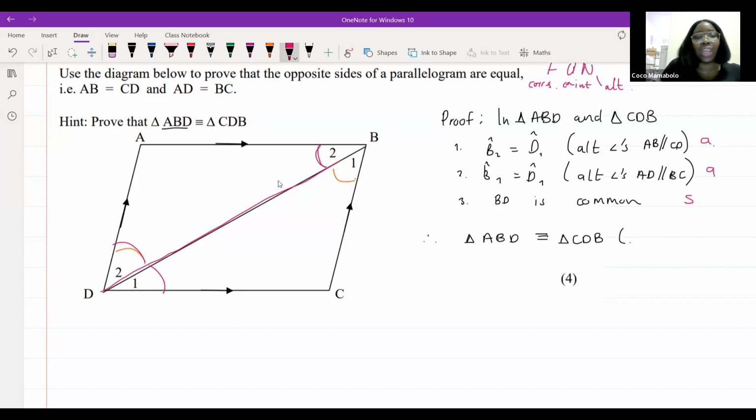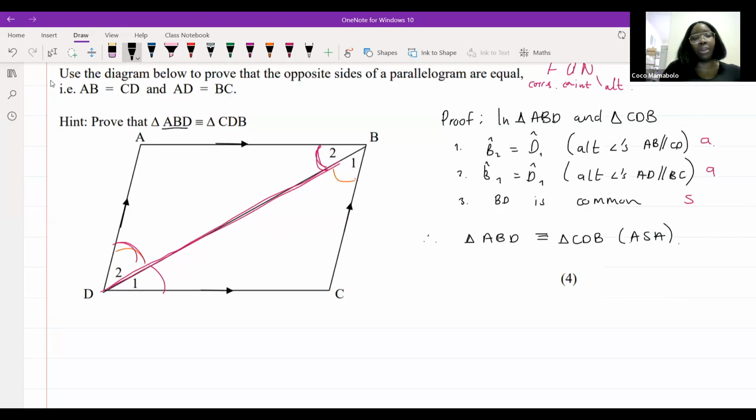But look at the order in which they are on the actual drawing. Yes, Kimukulu is in fact correct. There's an angle, and a side in between the two angles. So my reason should be angle, side, angle. That is the proof that we're looking for.